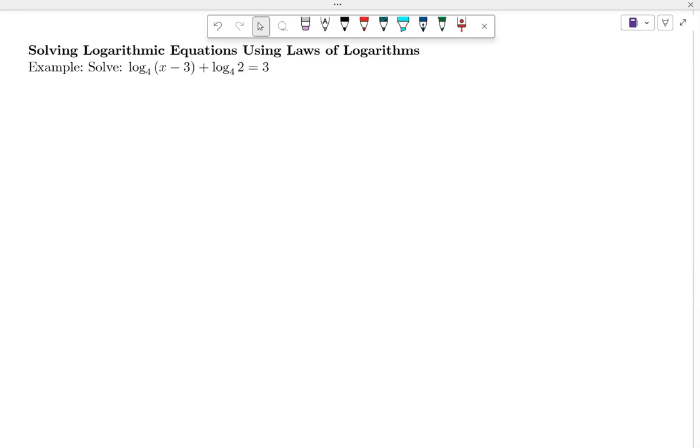So let's look at some of these that asked us to solve this using laws of logarithms. Okay. Notice in the previous examples, we've had a single log on one side, right? Right now we have two logs on one side, but I've got a plus sign in the middle.